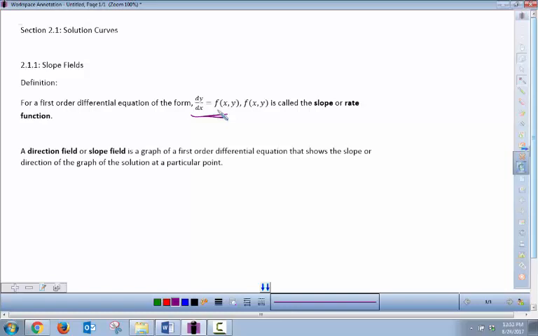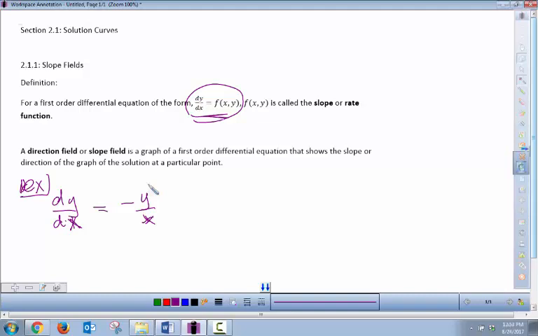Let me come up with an example: dy/dx is equal to negative y over x. It's an equation with an unknown function y, an independent variable x, and at least one derivative involved, that's dy/dx.